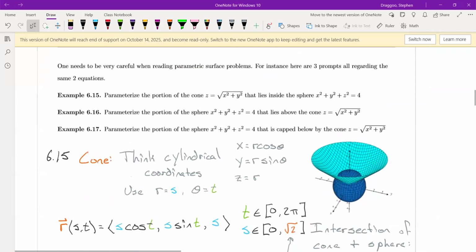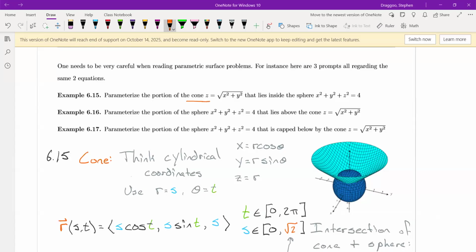And another quick word before we dive into the meat of what we're doing is to look at some very similarly worded questions, but that are going to have different parameterizations. So for all three of the next examples, we're going to look at the same cone and the same sphere, but changing slightly what we're asking for.